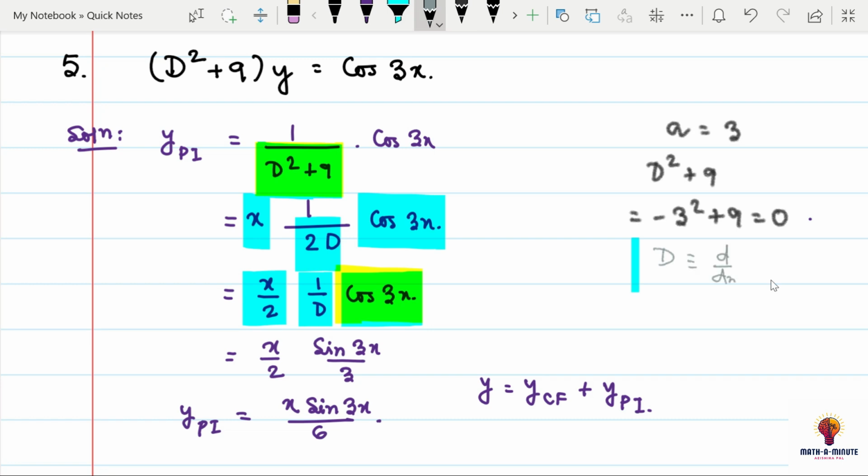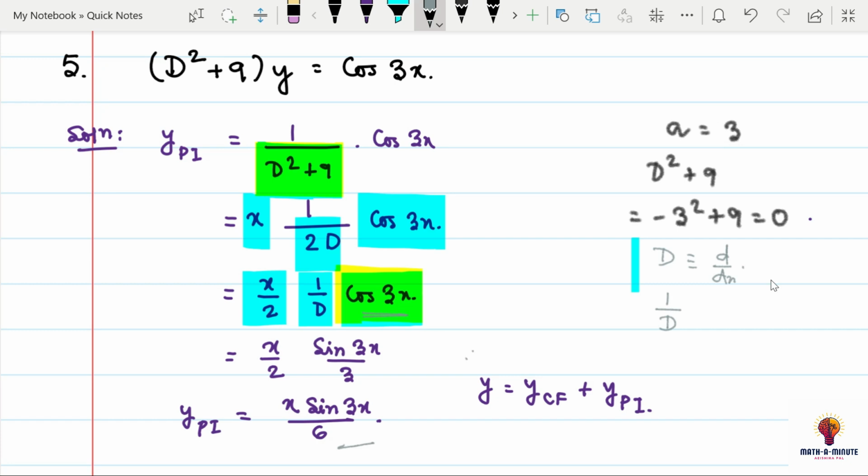So what will the 1 by D operator be? It's actually integration. So we can directly integrate this function cos 3x, and the integration will be sin 3x divided by 3. Therefore for this problem our particular integral will be x sin 3x divided by 6.